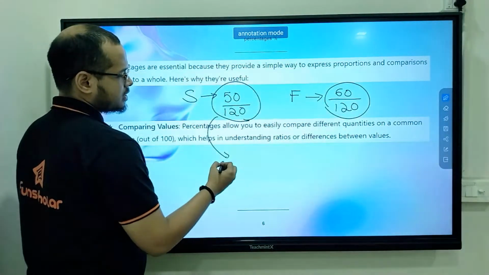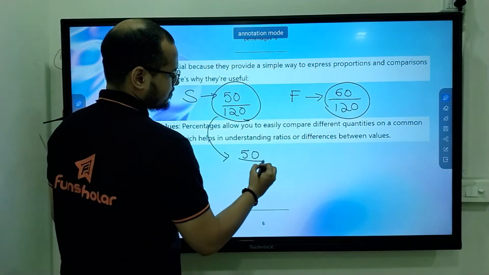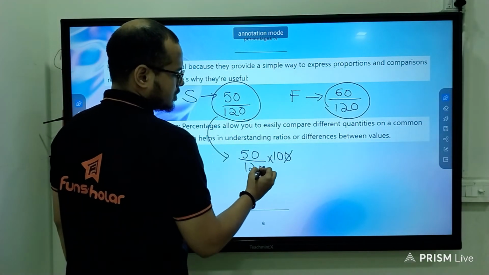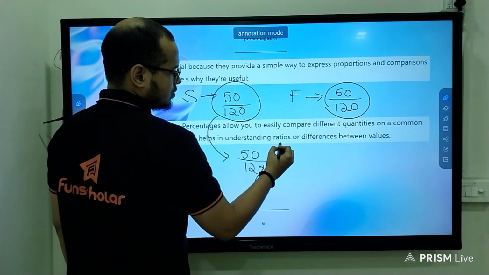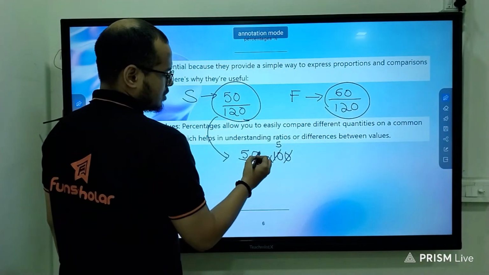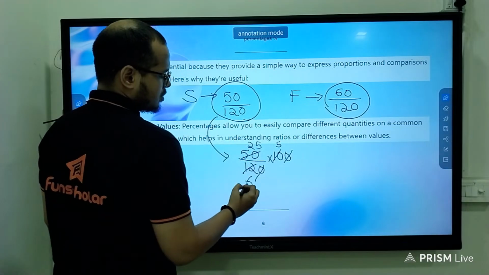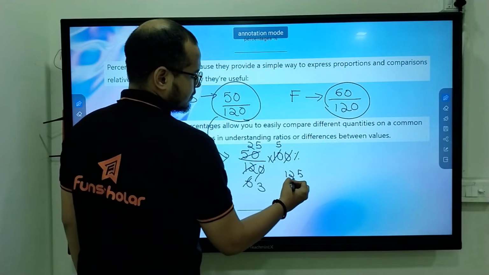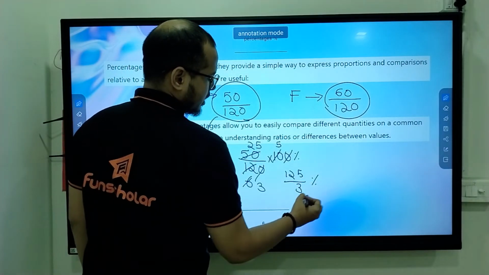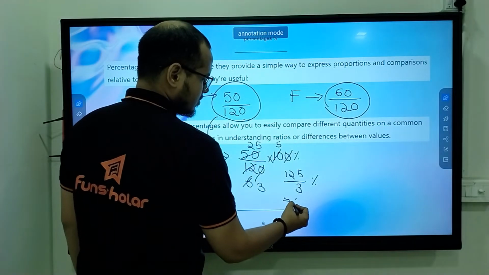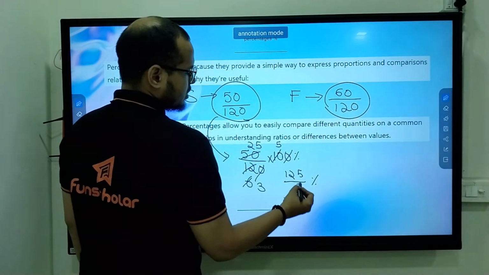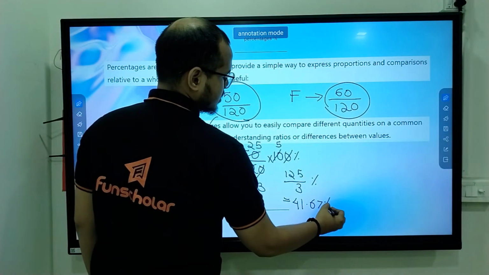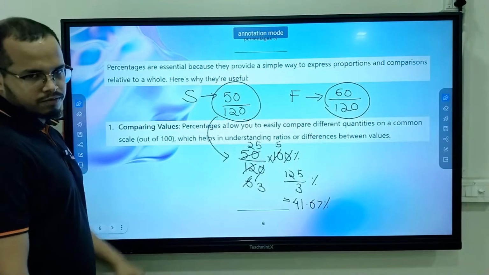So the percentage that I have got is 50 by 120 into 100. 10 and 10 cancel, from 2, 5, 6 to 25 by 3 percent, so 125 by 3%, that is nothing but 41.67%. This is the percent that I have got.